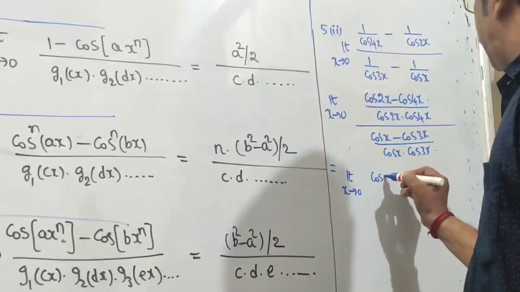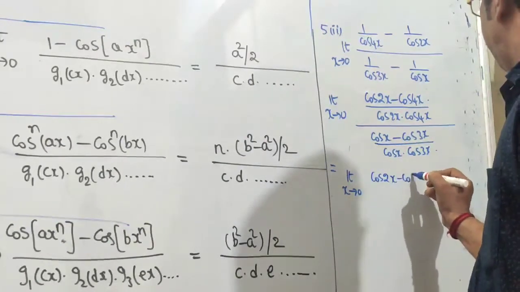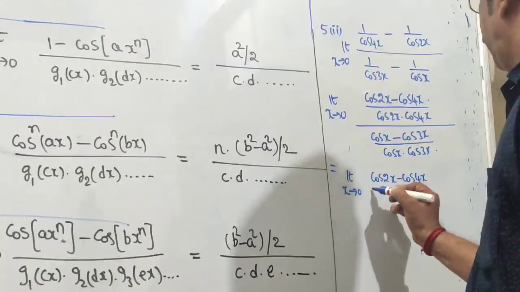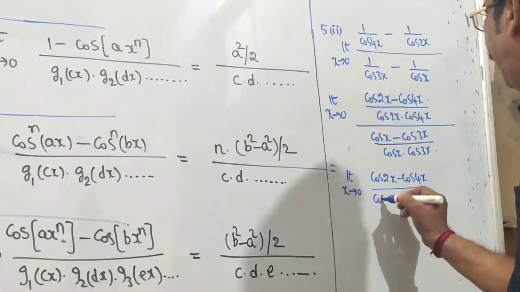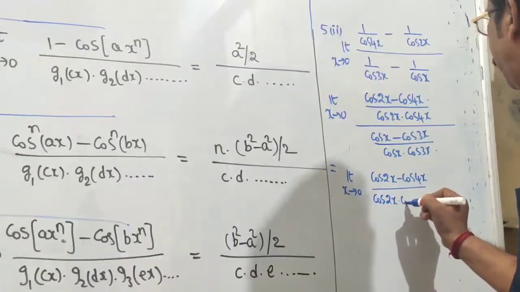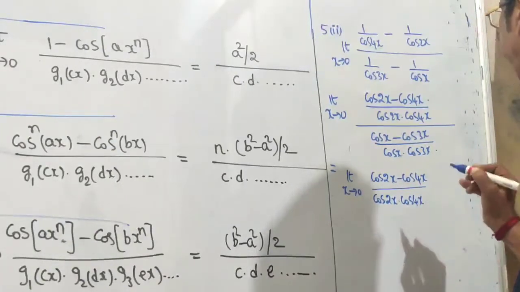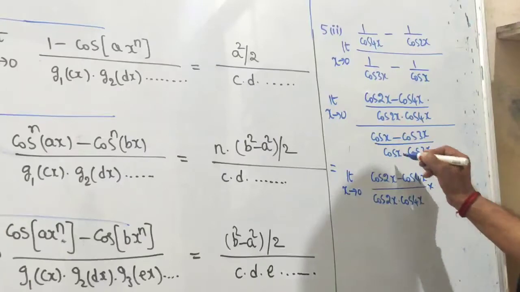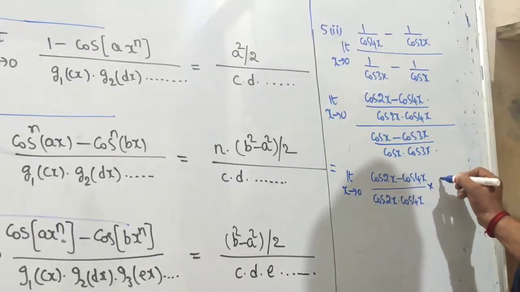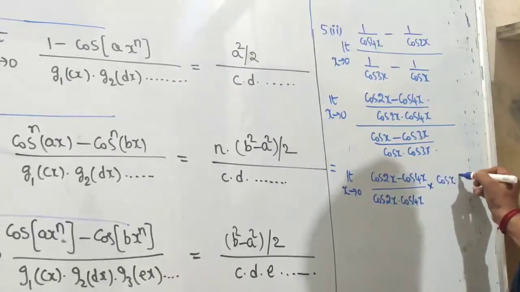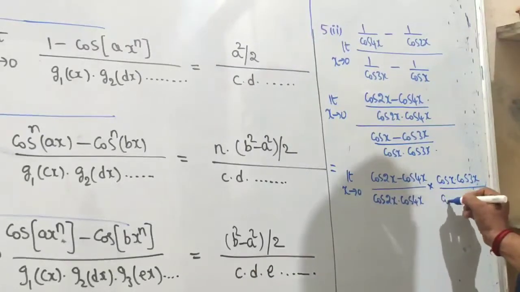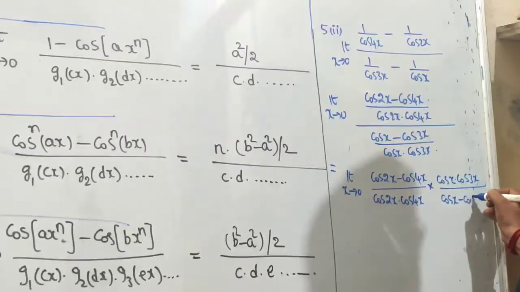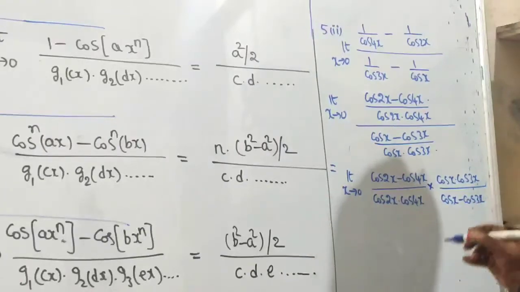It is (cos 2x minus cos 4x) whole divided by cos 2x into cos 4x, into the reciprocal, cos x into cos 3x divided by (cos x minus cos 3x).